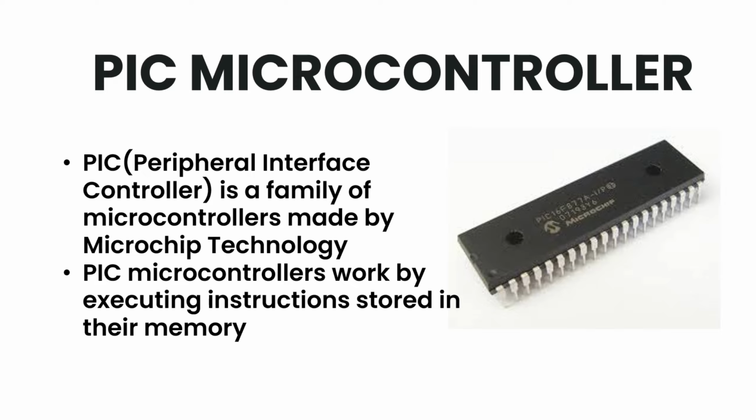They are designed to perform dedicated control tasks by executing instructions stored in the internal memory and controlling connected peripherals in real time. It integrates all the essential components of a computer system on a single chip, including the CPU, program memory, data memory, input-output, and the communication peripherals as well.